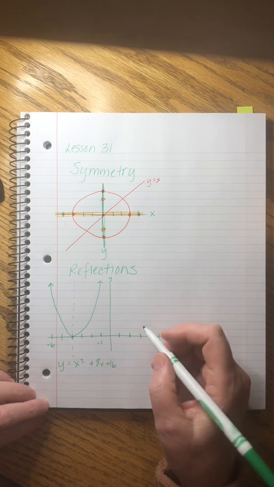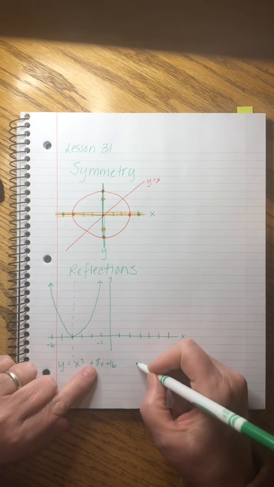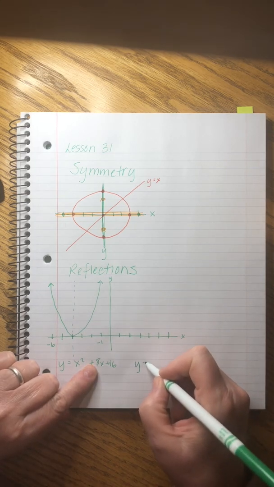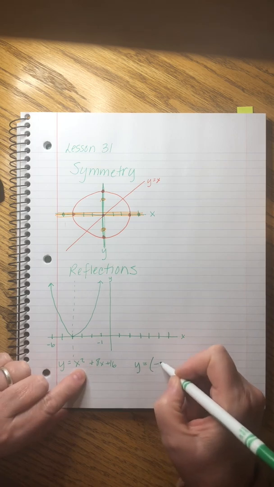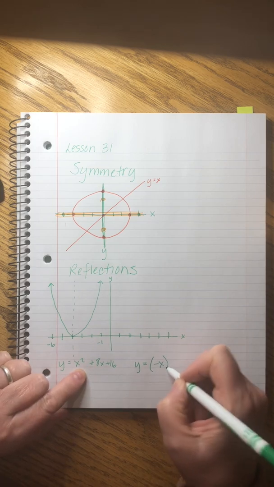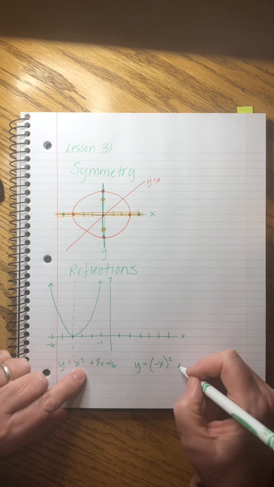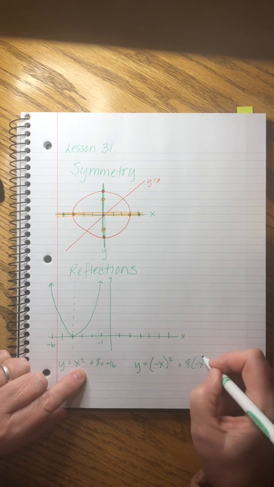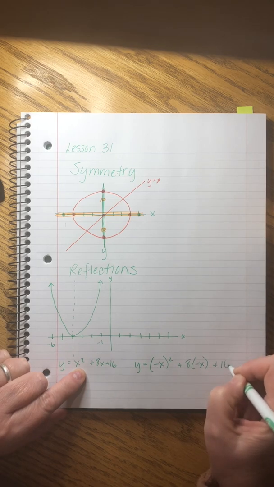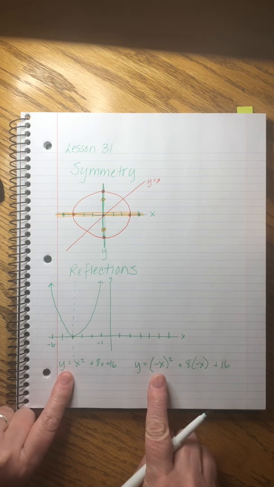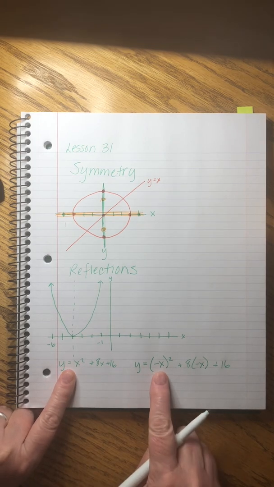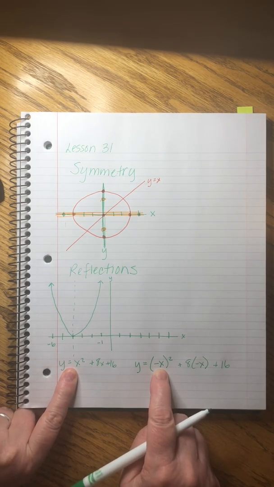The way that we do that is we take our same equation, but we change every x to be a minus x. Okay, compare the 2 equations. Where we had an x squared, we have a minus x quantity squared.